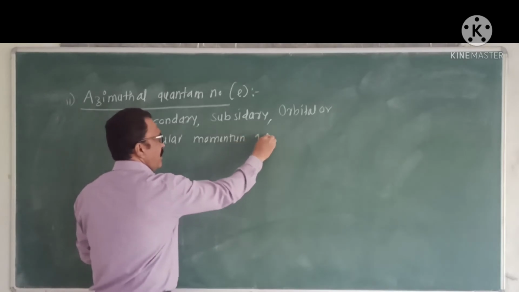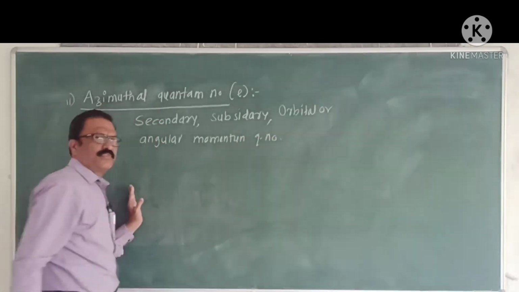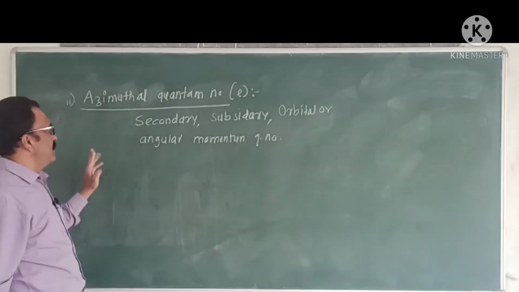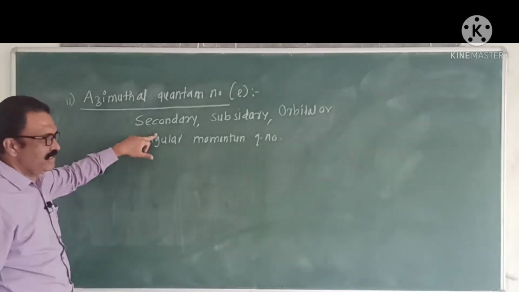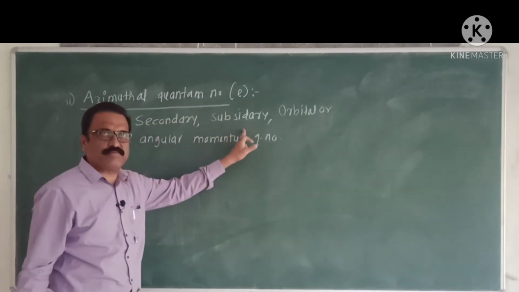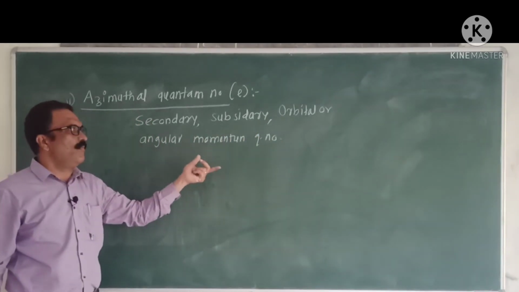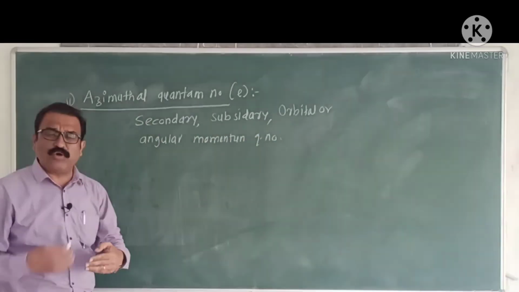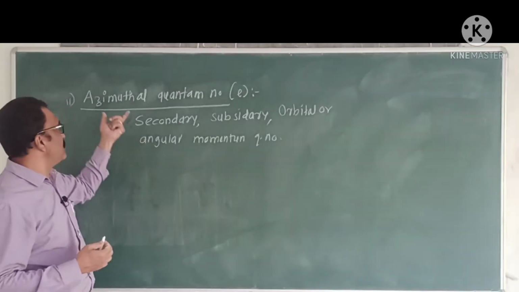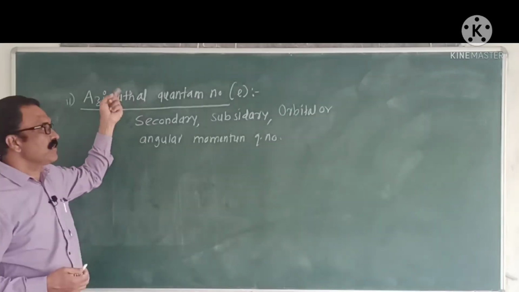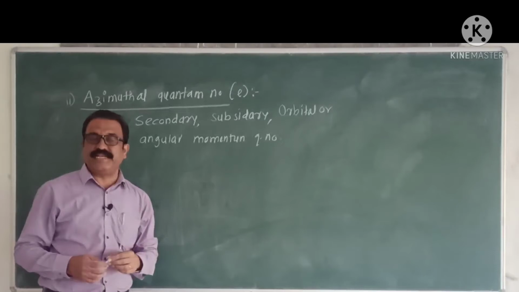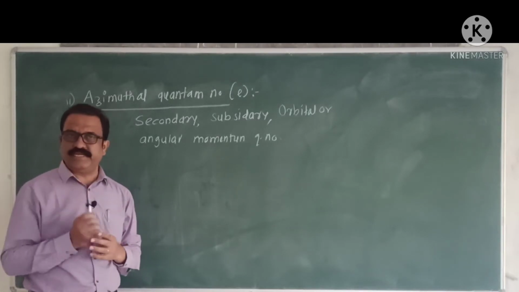There are different names for the same quantum number: secondary or subsidiary quantum number, orbital or angular momentum quantum number. There are so many alternative names for this azimuthal quantum number, which is represented by a small l.